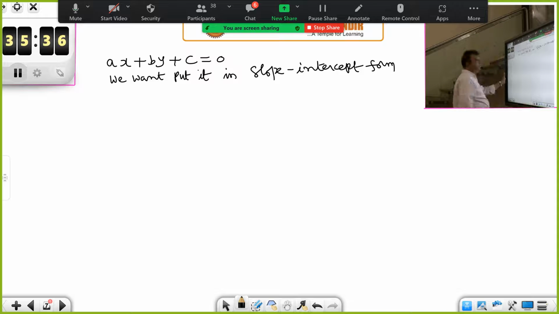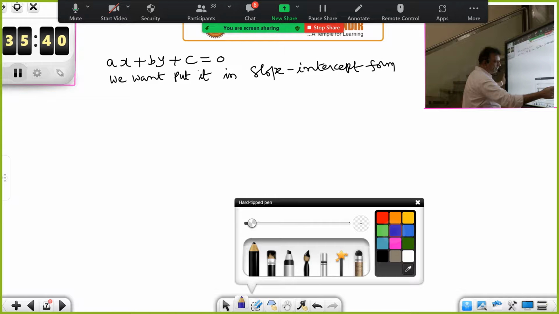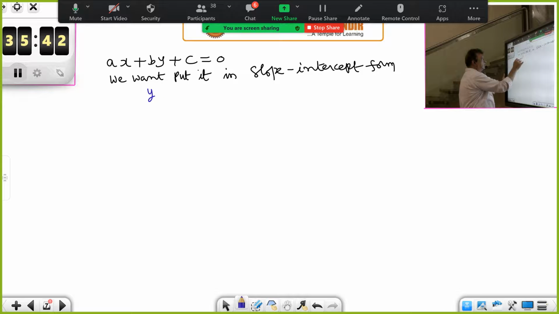What is the slope intercept form? Y is equal to mx plus c. How do you put this equation in that form? Y terms on one side, remaining on other side. So we will take by on the left side.